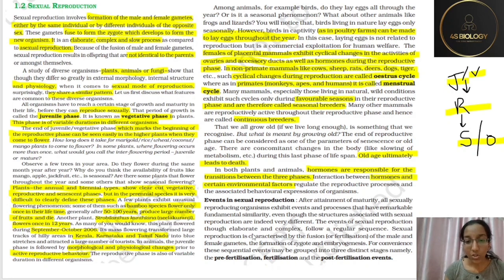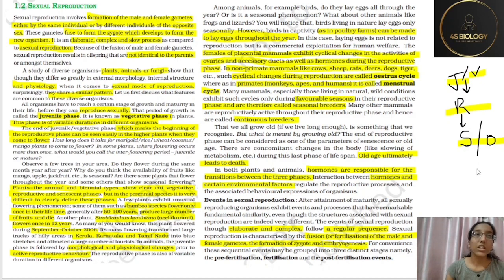The events of sexual reproduction, though elaborate and complex, follow a regular sequence. Sexual reproduction is characterized by the fusion of male and female gametes, the formation of zygote and embryogenesis. These are the three steps.